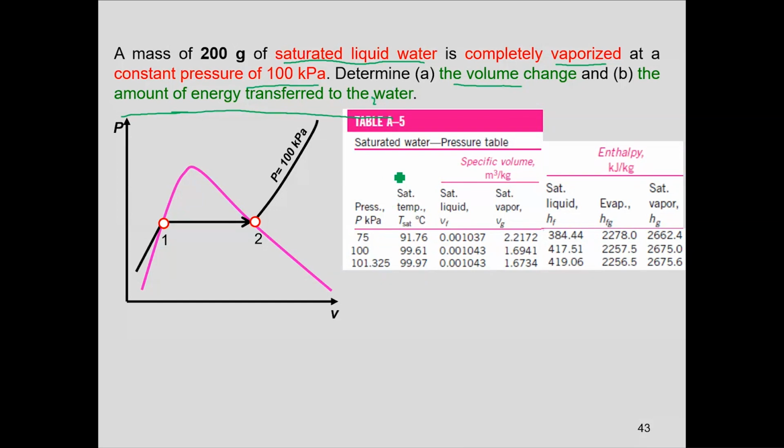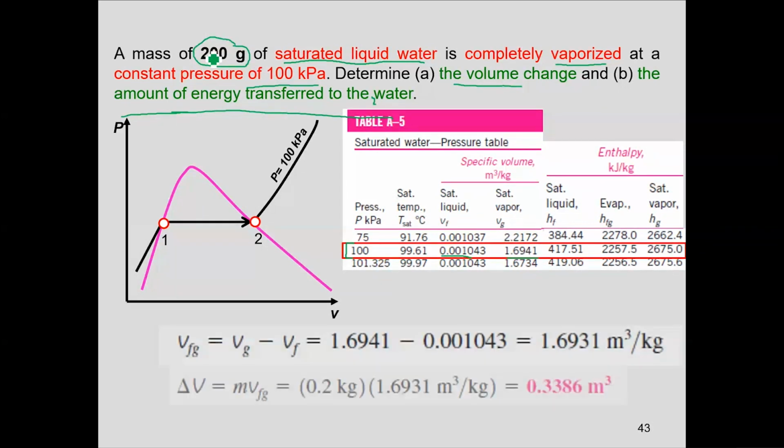Very good. You will go to table A5. You will highlight this row which is for 100 degrees centigrade, 100 kilopascal. You will read out the value of VF and VG. The difference would give you the change in specific volume. Then you will multiply it by the mass which is given to you as 0.2 kg, and this would give you the change in volume.